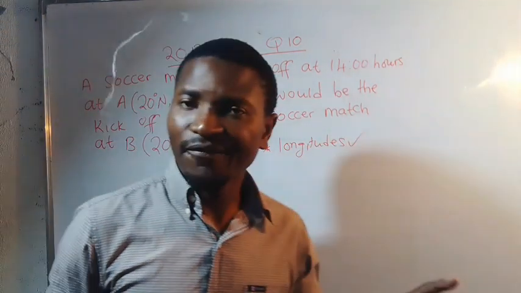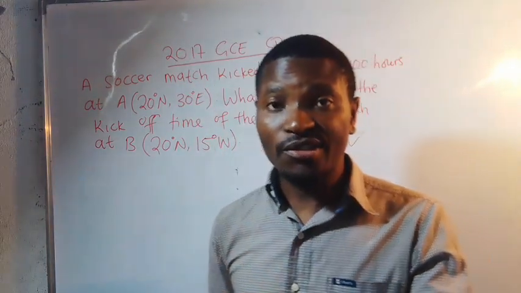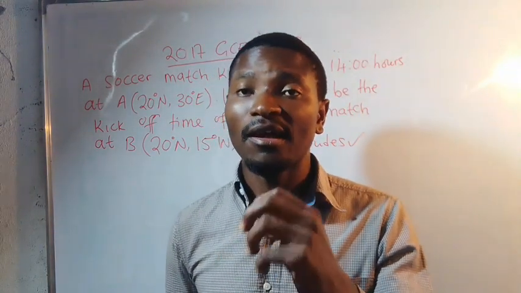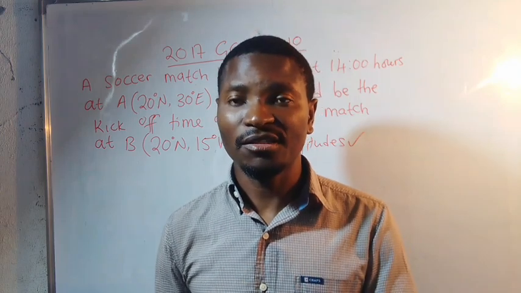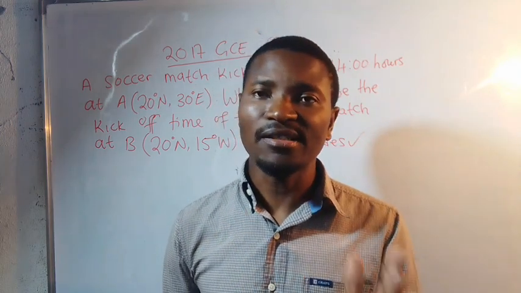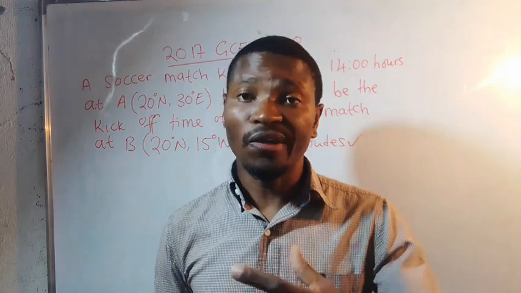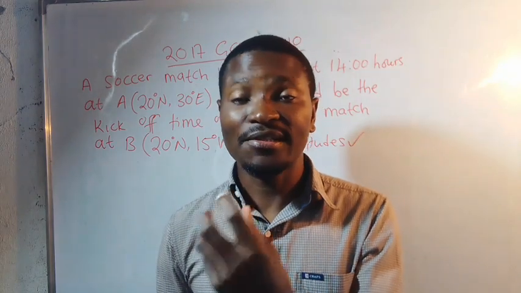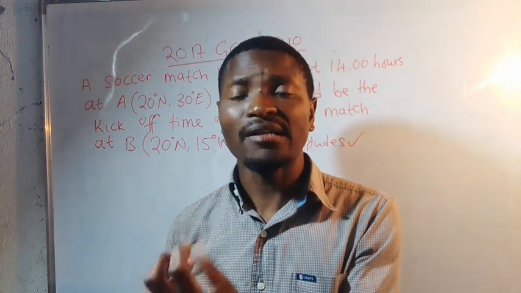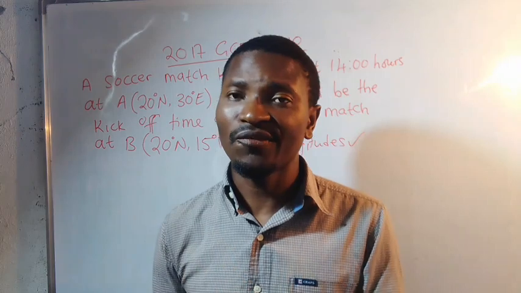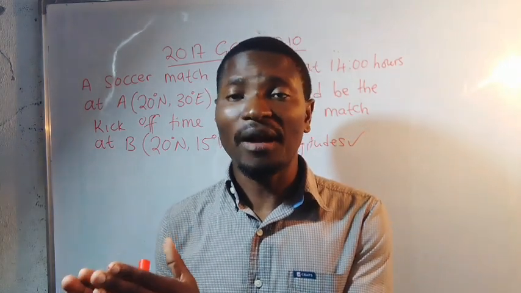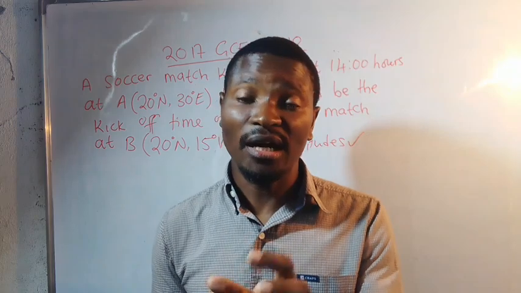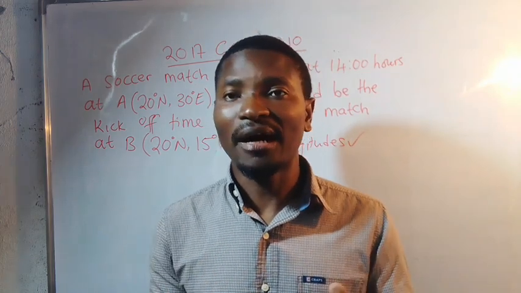So you only have to consider the longitudes when it comes to time in Earth geometry, under time calculation. You don't have to consider the latitude, which is north or even south. All you have to consider is just the longitude part of that particular point that you're given on the Earth's surface, which is either the east part or the western part of that point.